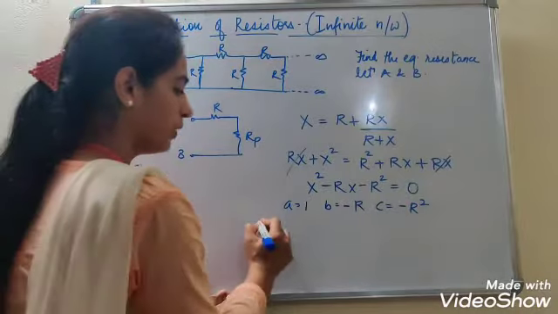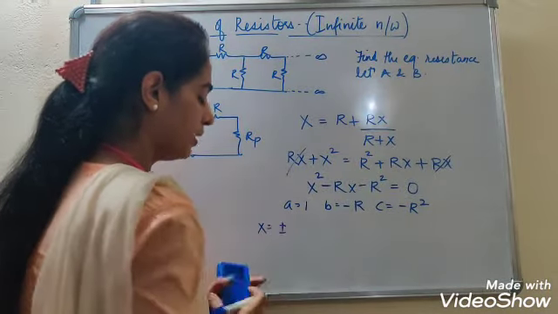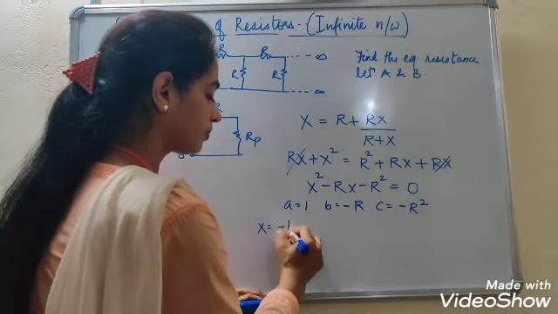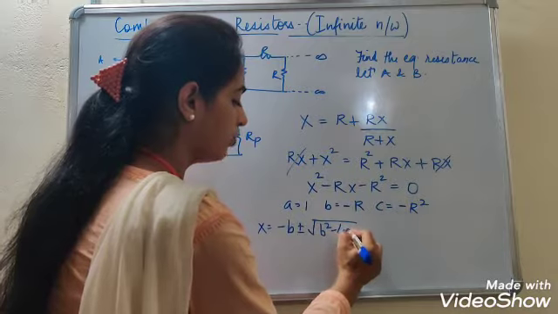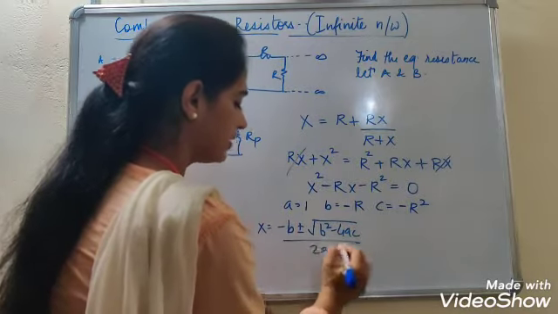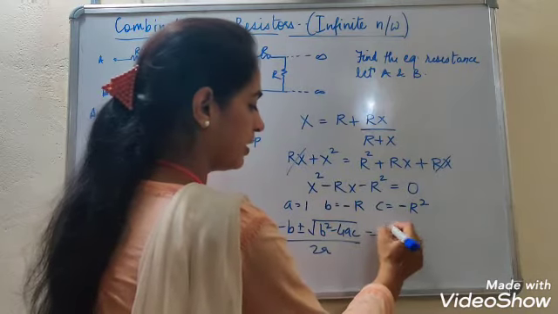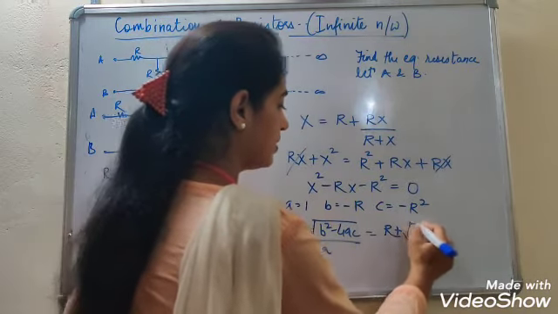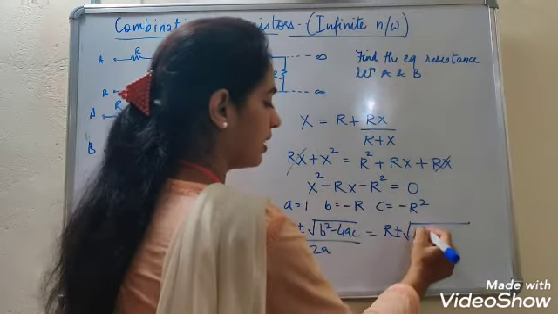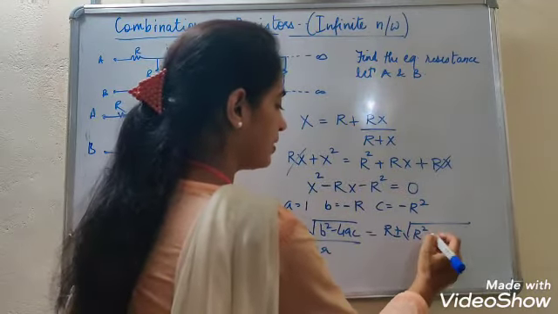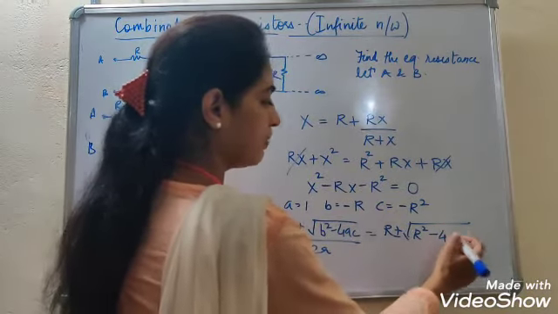Right? So x is equal to minus B plus minus under root of B square minus 4AC by twice A. So that is equal to minus B. Minus of minus R, that is plus R, plus minus under root of B square is minus R square, that is R square, minus 4, A is 1, C is minus R square.